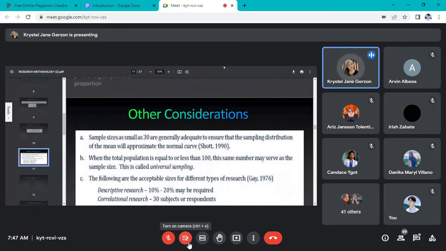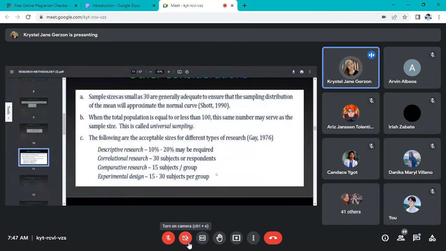Meaning, if you are having a correlational study or other types of studies, 30 respondents is already adequate. Enough already. Your respondents can be just 30.